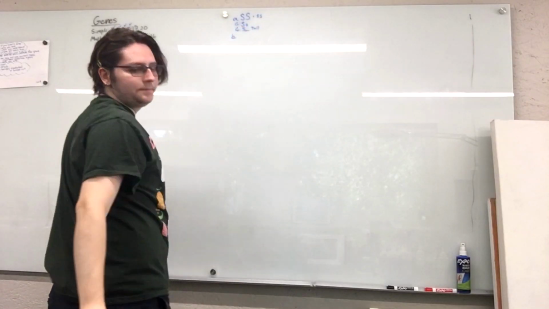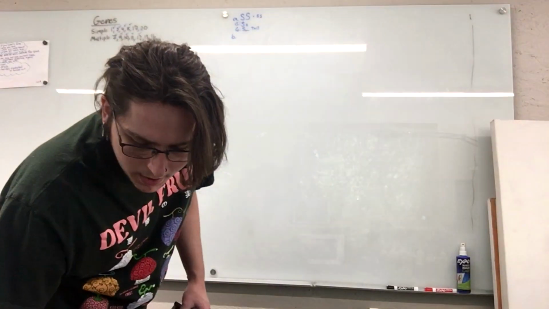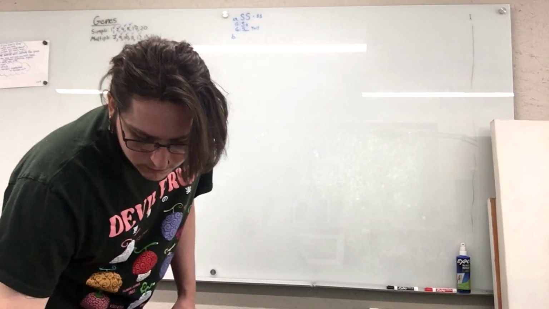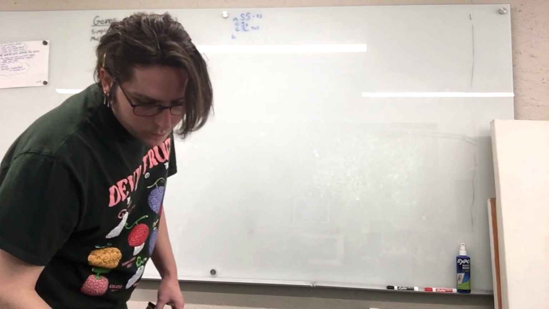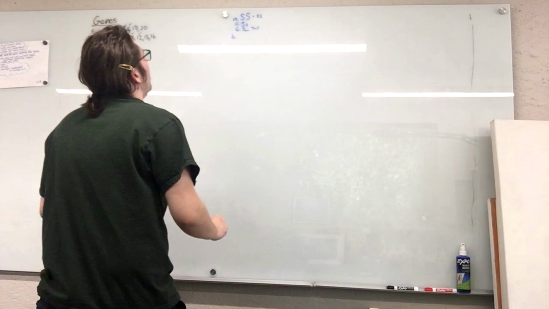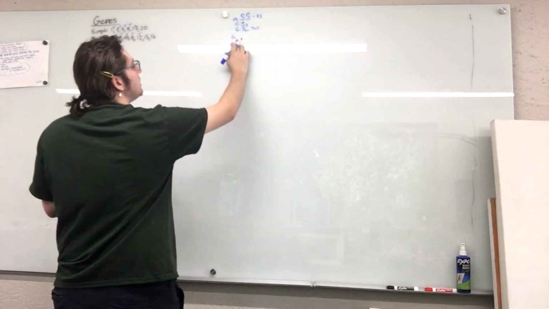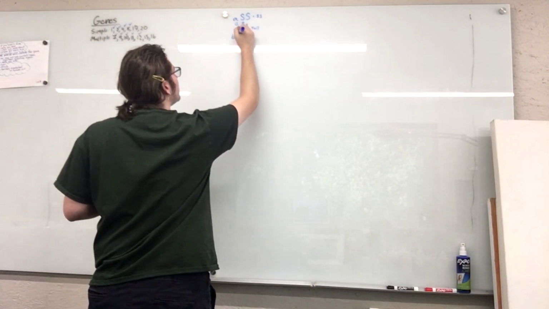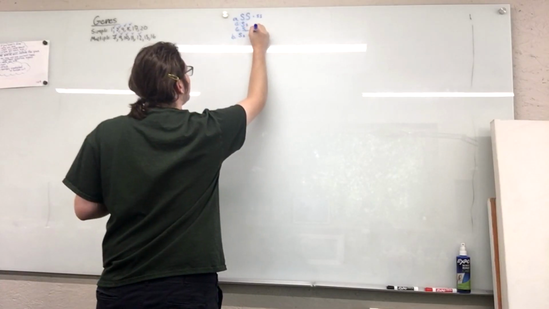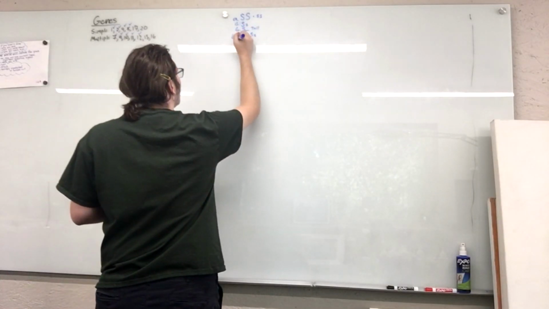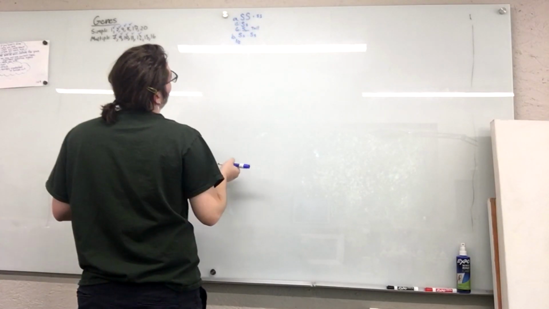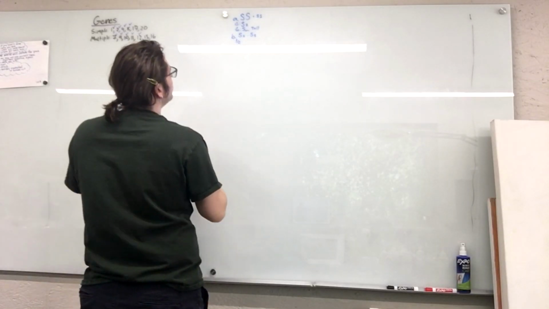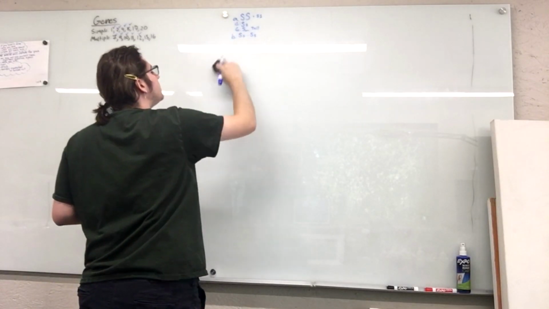Okay, next one. We have the progeny of A when self-pollinated. Okay, so we are going to take a heterozygous individual and cross it with a heterozygous individual. This is genotype and phenotype.